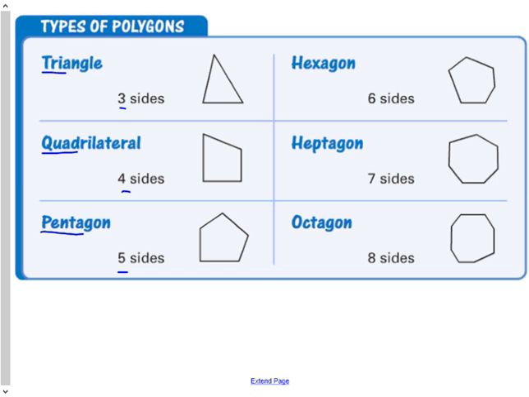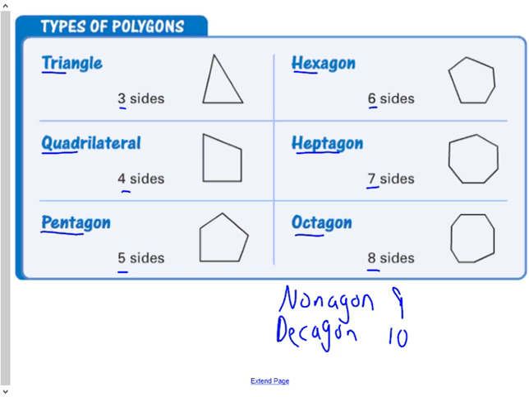Pentagon would be 5 sides, hexagon would be 6, hex for 6, 7 would be a heptagon, octagon 8. They actually continue. Nonagon is for 9, decagon for 10.